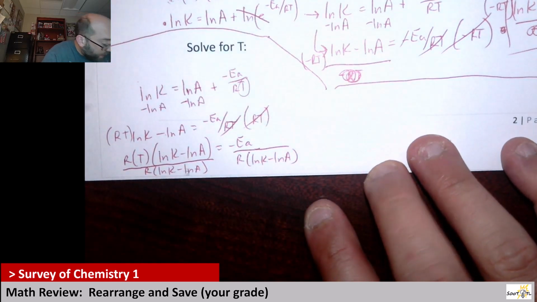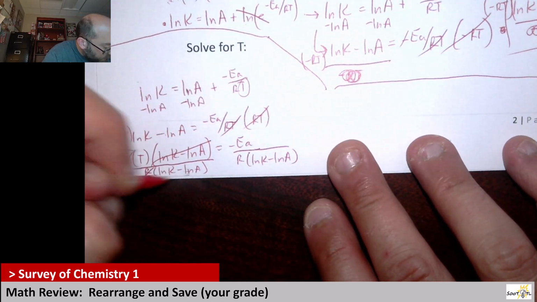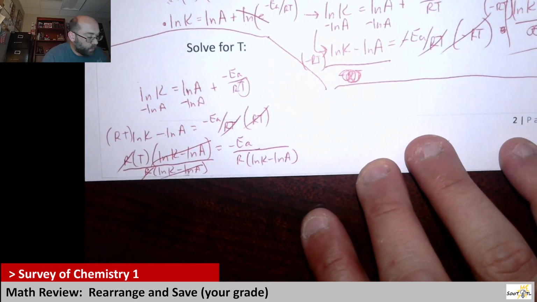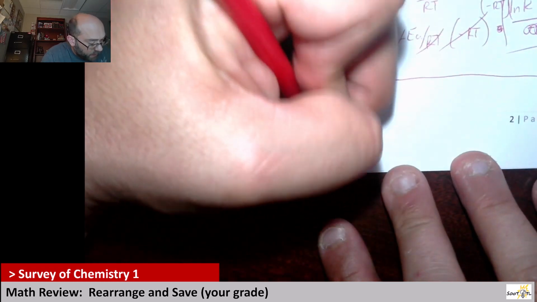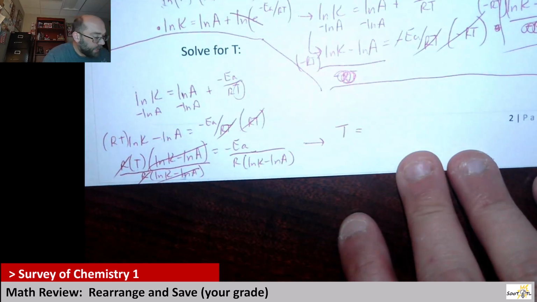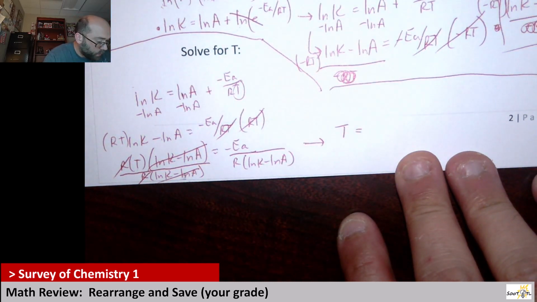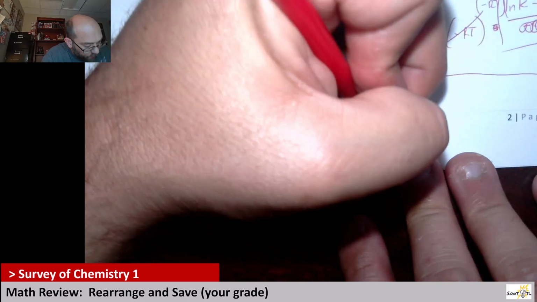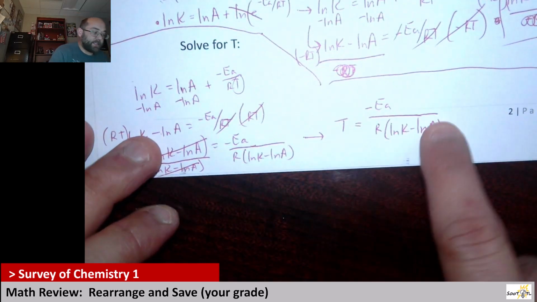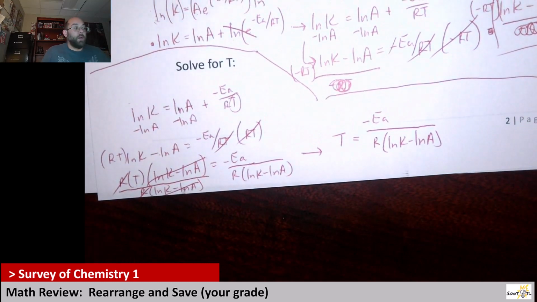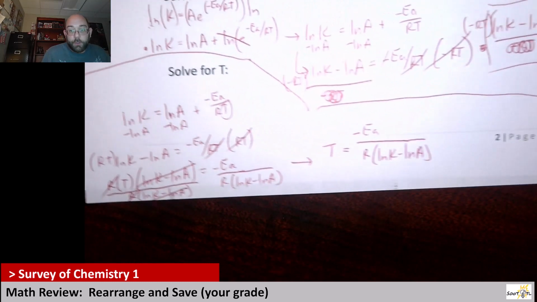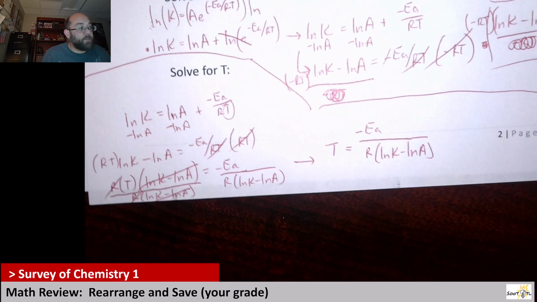And to clean that up, R goes away, and that natural log subtraction goes away on this side. So what do I get? I get T is equal to negative EA over R times natural log of K minus natural log of A. All right, so that is solving for T. All right, so this will conclude our video for the practice.